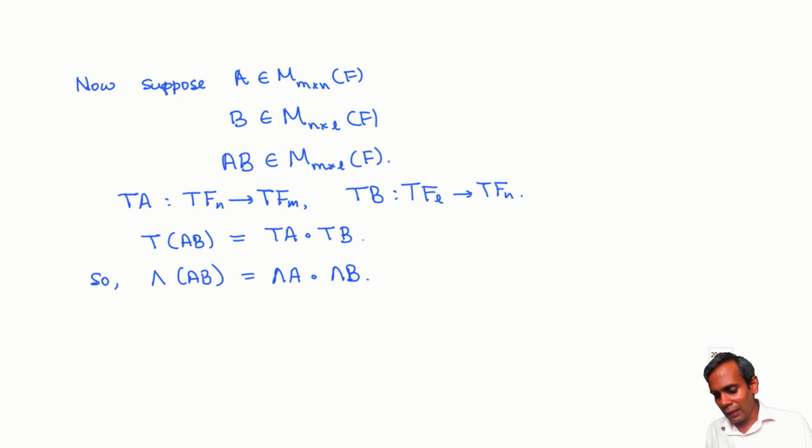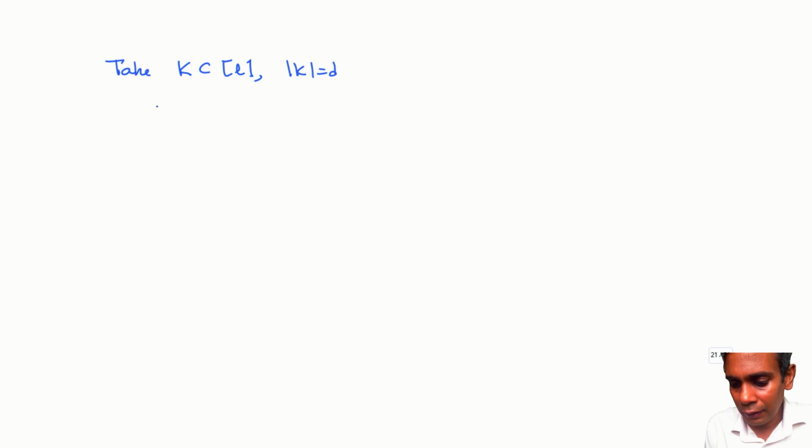Okay, so now let's see how these are related to the matrices. Suppose you take some K subset of the set 1 to l and the size of K is d, and we ask what is wedge^d AB when it is applied to e_K.